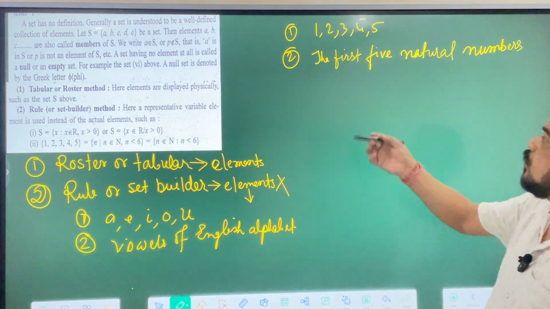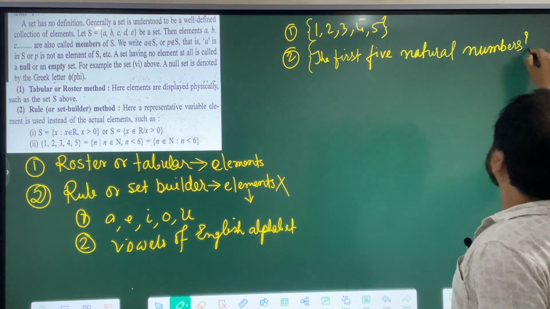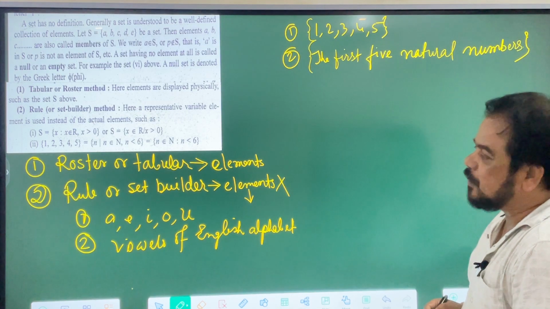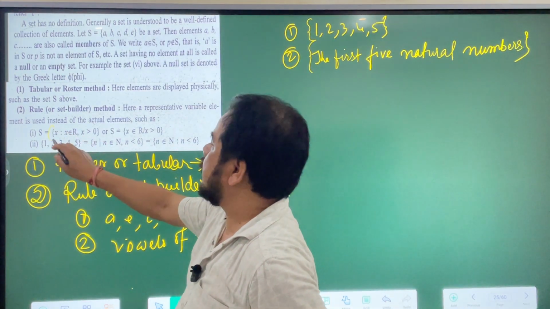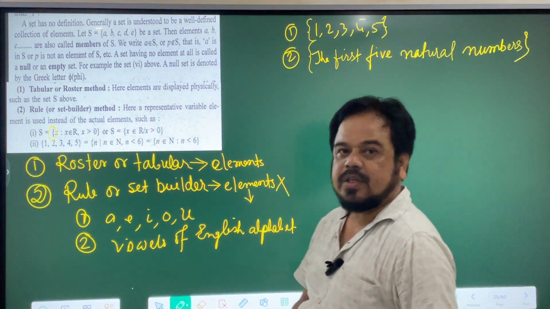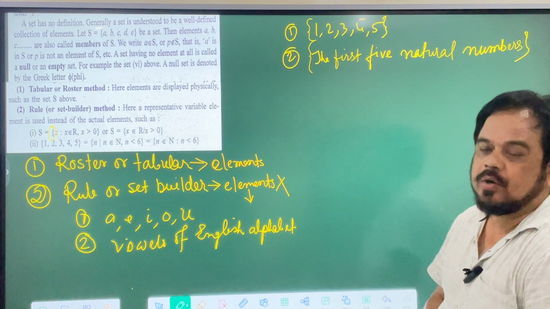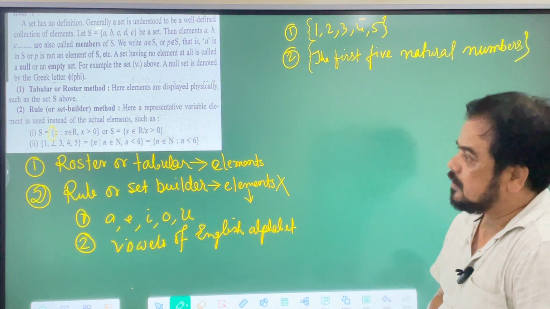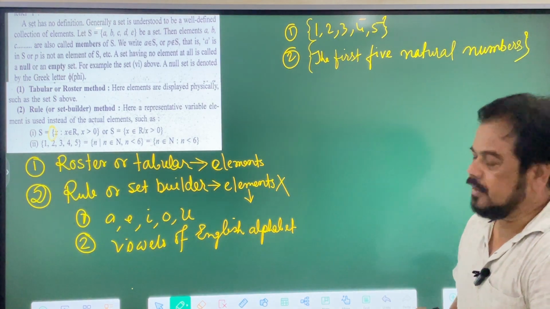Now we have to use braces, second brackets, whatever you say, in both cases. That must be used, because in a set this must be there. This sign, the braces, must be there, otherwise it will not be called a set. A set must have braces starting and ending.